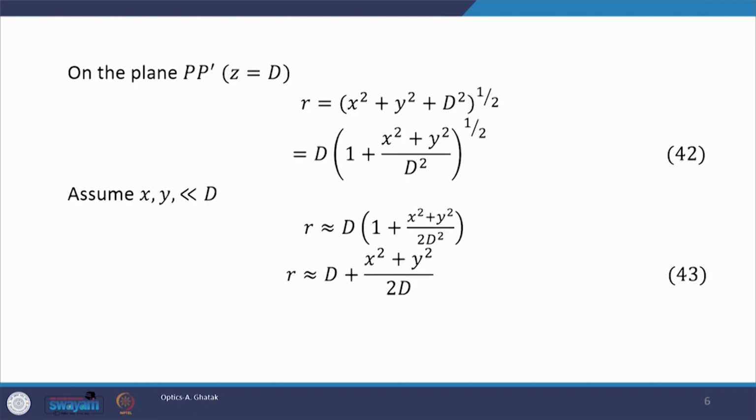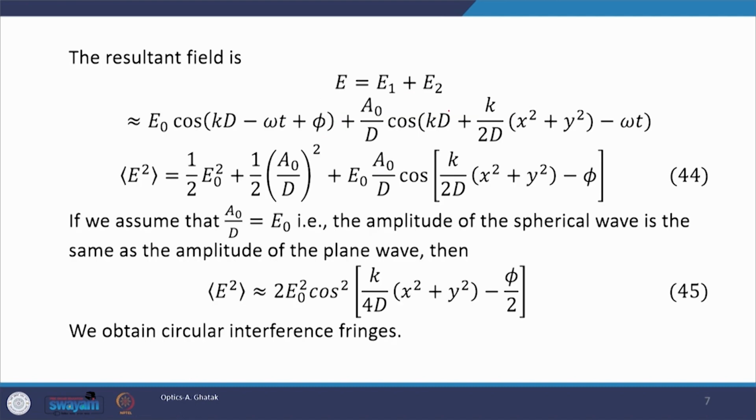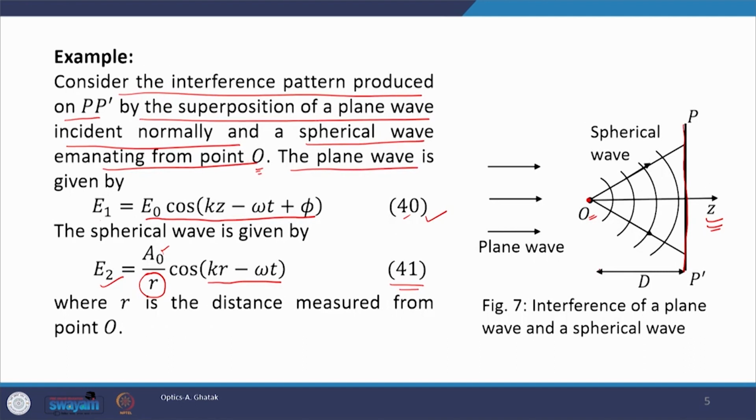Now, r can be expressed by this relation, the square root of x squared plus y squared plus d squared. What is d? d is the distance between point source O and the screen, as shown in figure number 7. Once d is known, the value of z where our screen is kept is d.